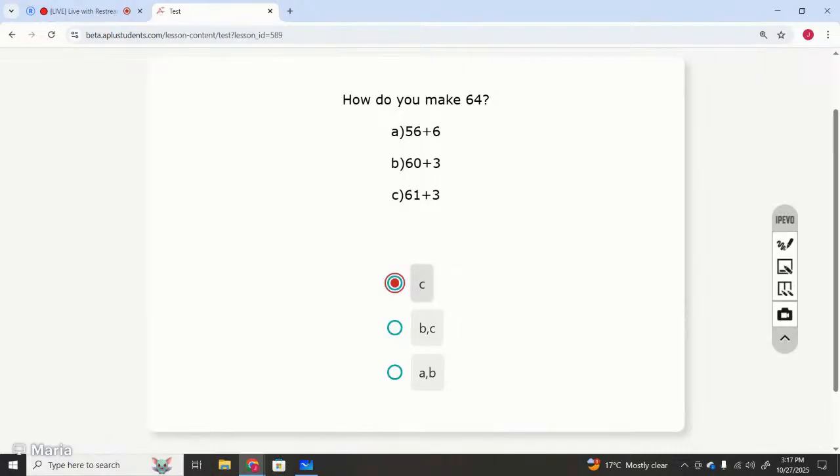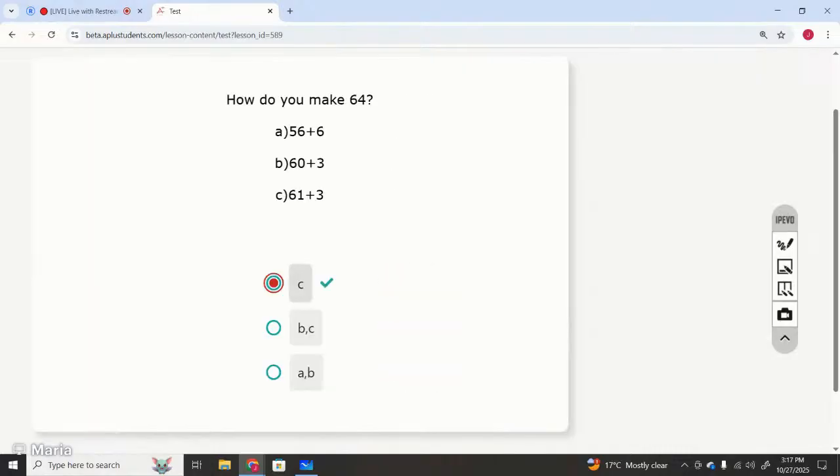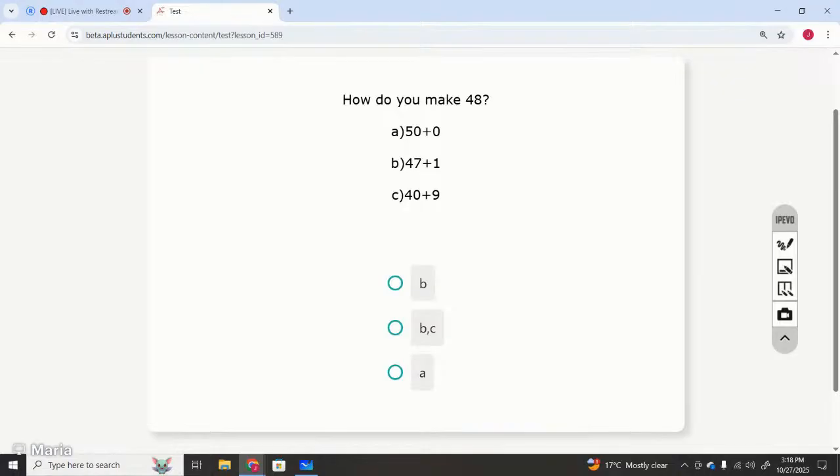That is option number C. 61 plus 3 is the correct option. Very good. Option C it is.